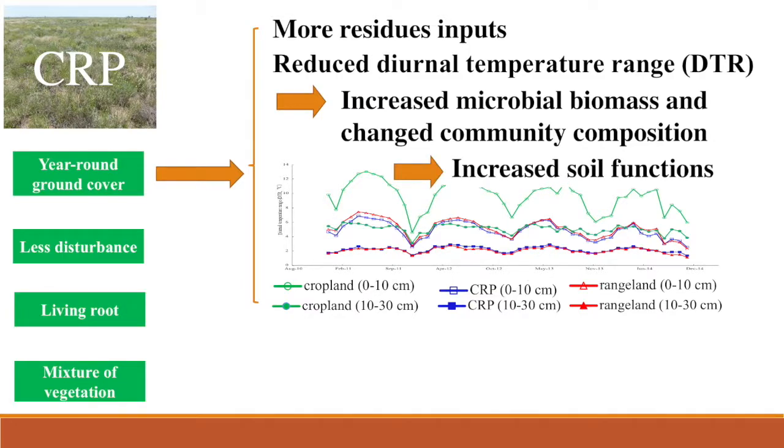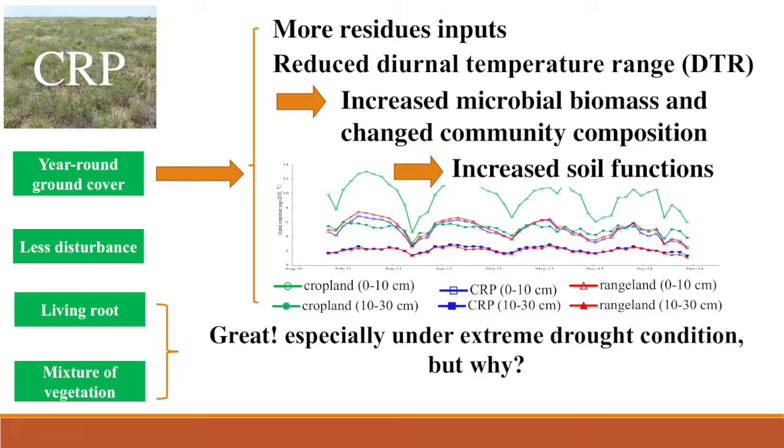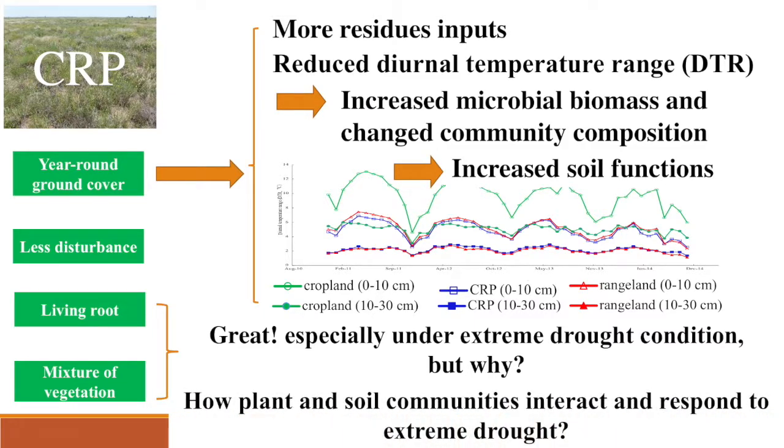So now we know that we need living roots together with a mixture of vegetation. All the plants are critical for the soil ecosystem, especially under extreme drought conditions. But we still know little about how the plant and soil communities interact in response to extreme drought.